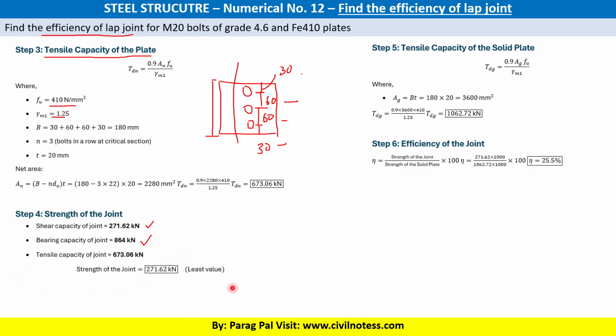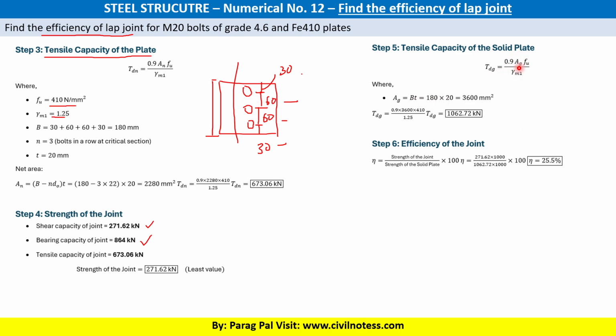Now from this we have to calculate the tensile capacity of the solid plate, because we have to calculate the efficiency, so this is also a very important one. The formula is 0.9 Ag into Fu upon gamma m1, but here we have to take the gross area.